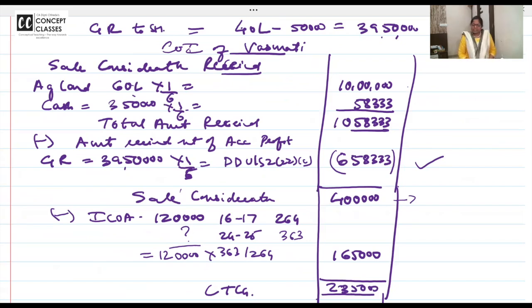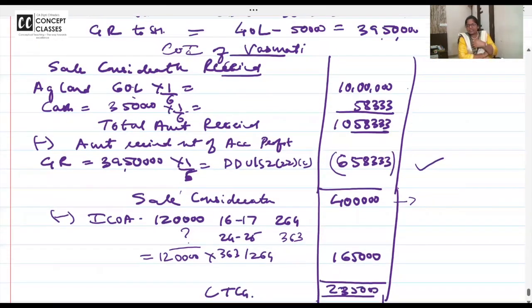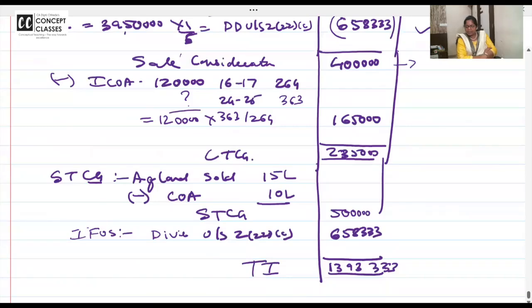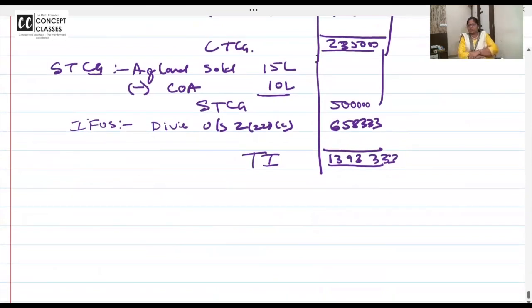Out of that total amount received, what is received out of accumulated profits? 658,333. Whatever amount is received against reserves will be treated as deemed dividend, and the remaining is sale consideration less indexed cost for capital gain. As a shareholder, Vasumati received land and immediately sold it within 2-3 months, so it will be short-term capital gain. Whatever is received against dividend will be taxable as deemed dividend under section 222.